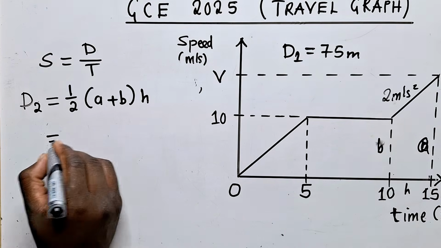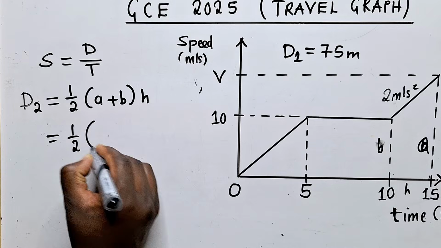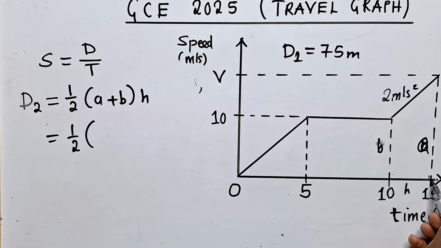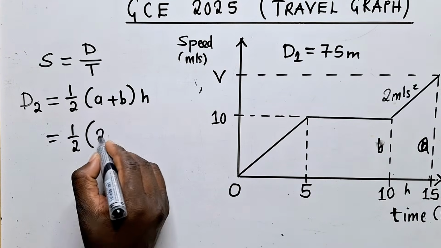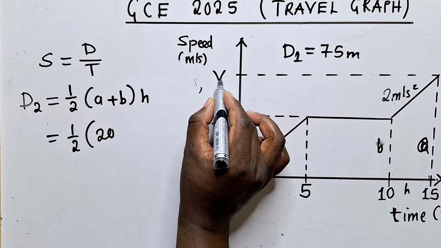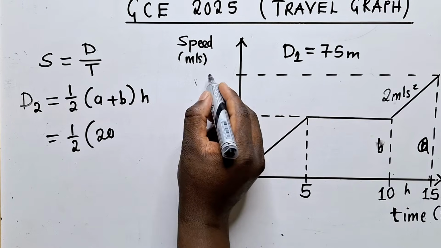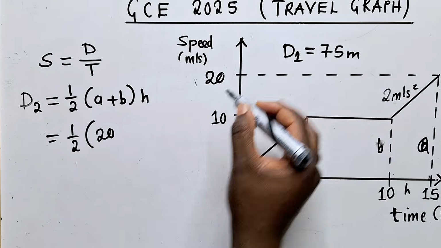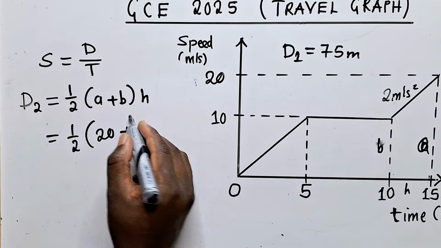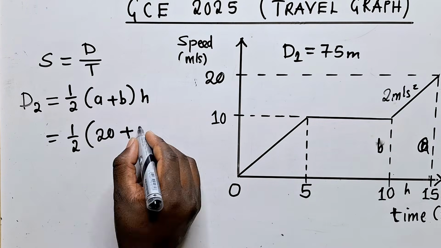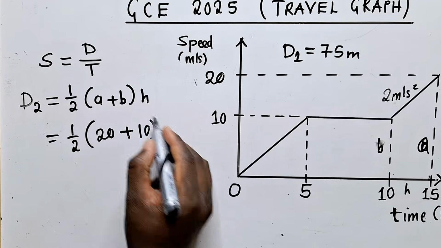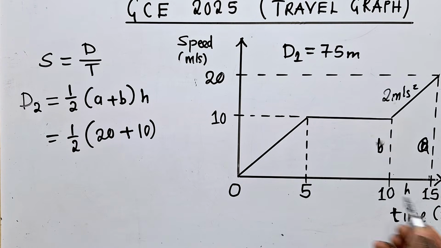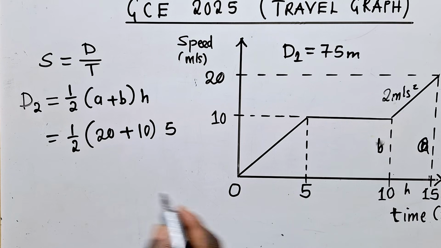So we can now plug in 1 over 2. Our A is from here all the way to there. It's a 20, because we found the value of V to be equal to 20 here. So now from here all the way to here, it's a 20, plus our B from here to here, it's a 10, times our H, from here to here, that is a 5, because from 10 to 15, it's a 5.